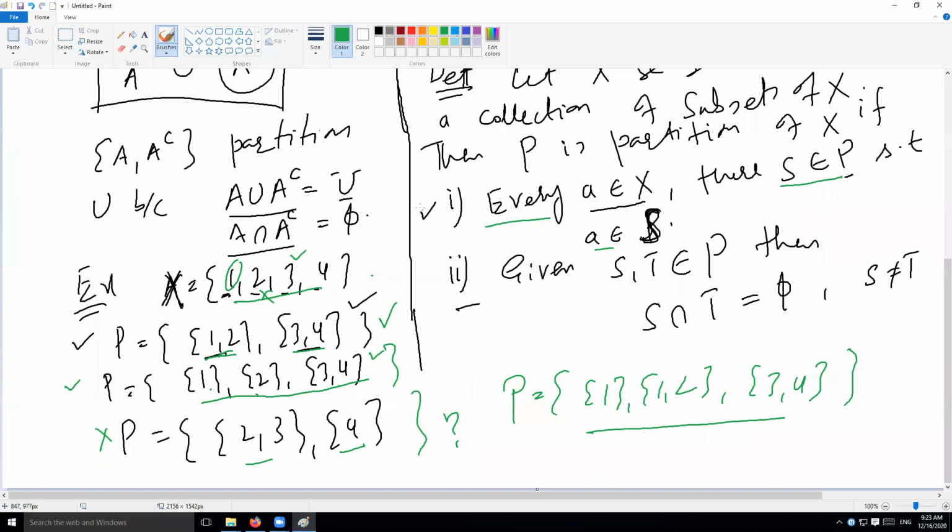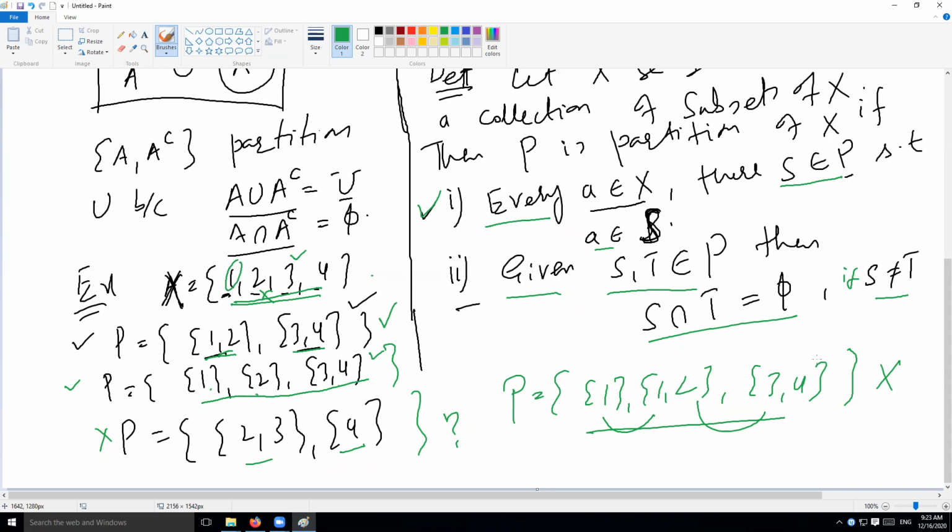So it satisfies condition 1, that all elements of set X are in some set in the partition. But given two sets from the partition, if they are different, then their intersection must be empty. The intersection of this and this is empty, but the intersection of this and this is not empty. So therefore this is also not a partition.